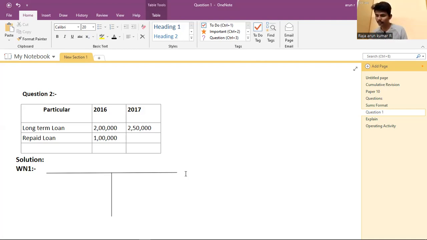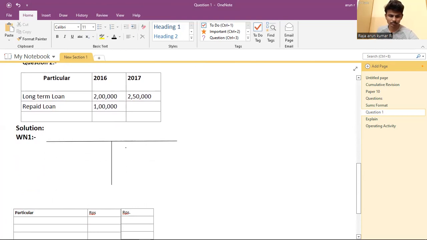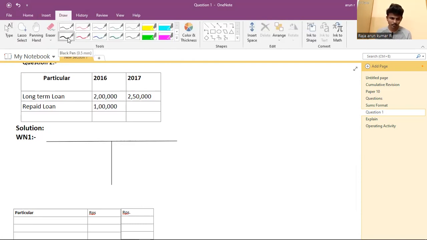We derive it in the name of the long-term loan account. Here is debit, here is credit.